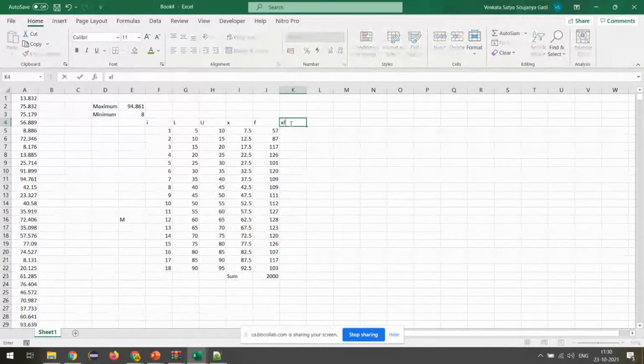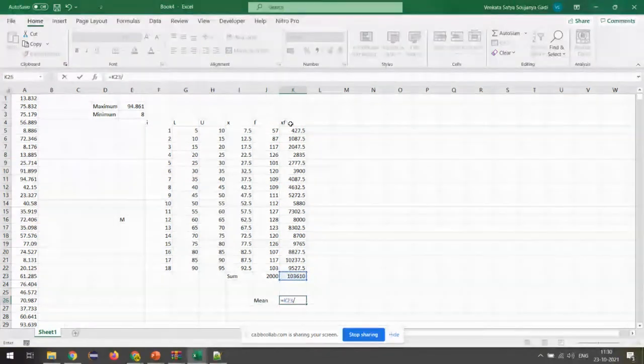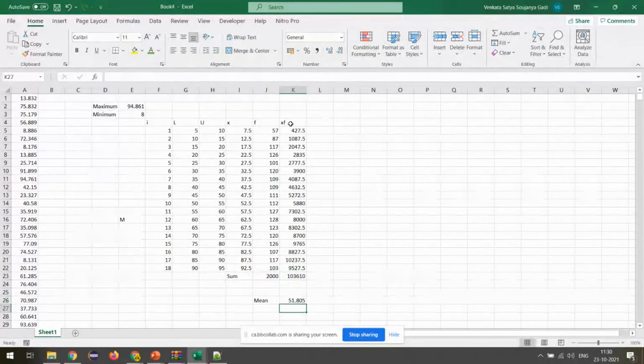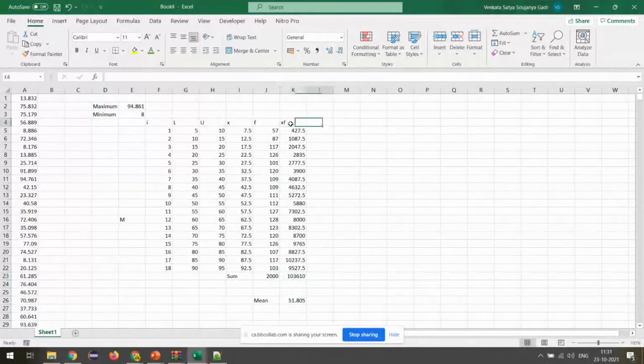To calculate the mean, we need to do xf, which is x times f. And we do this, and then we add it. This is the numerator, and the mean is this one divided by this one. So which is 51 point something, 1.8.